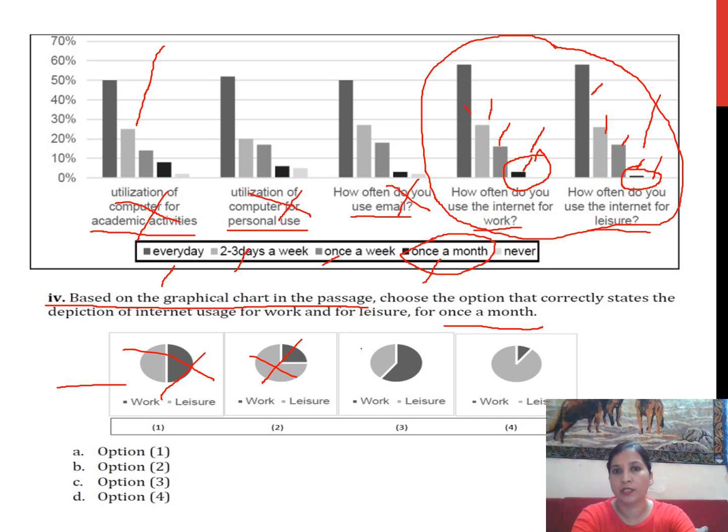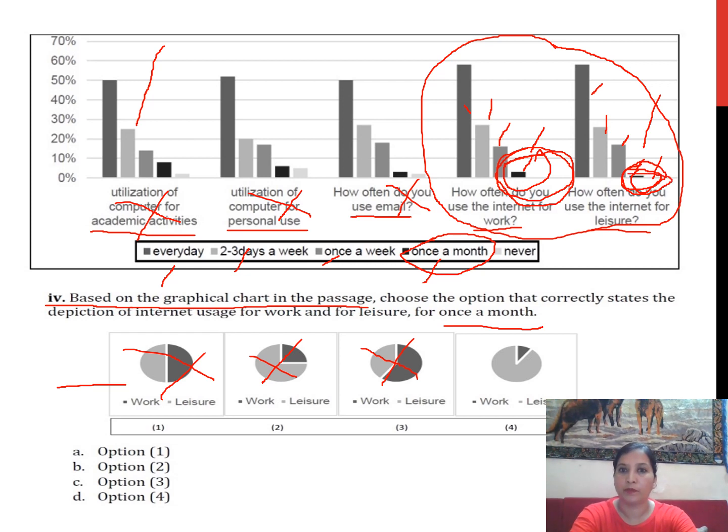And then the third one says that few people use it for work and more people use it for leisure, which is not correct, because when we interpret and analyze this graph, we are shown that more people use it for work once a month as compared to those who use it for leisure purpose once a month.